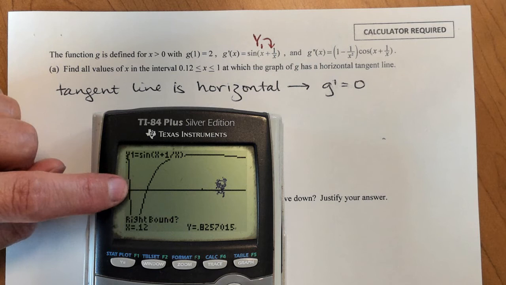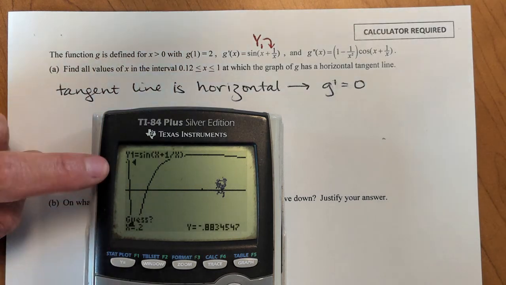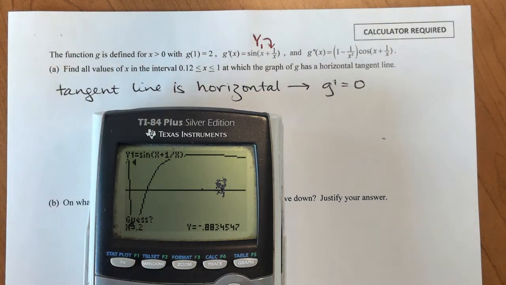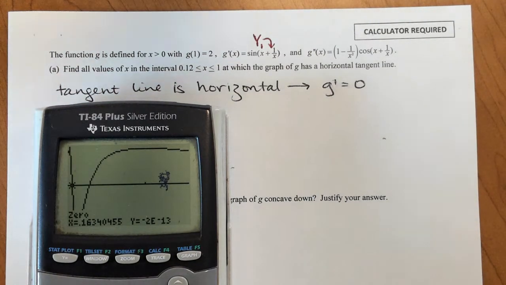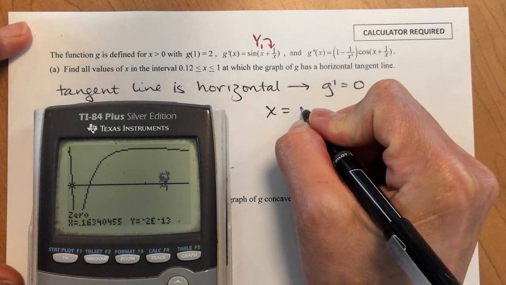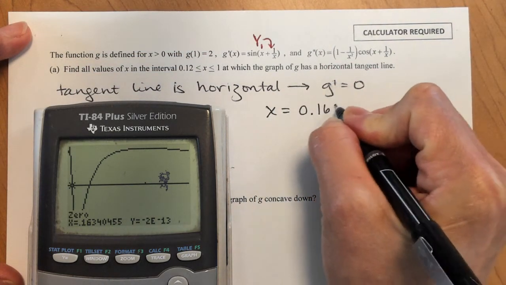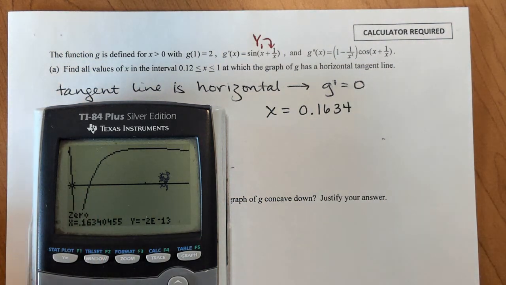And then my right bound, I'm going to guess 0.2 will be good enough. If it doesn't wind up on that point, I'll have to just change my limits. There, I get that x is 0.1634.